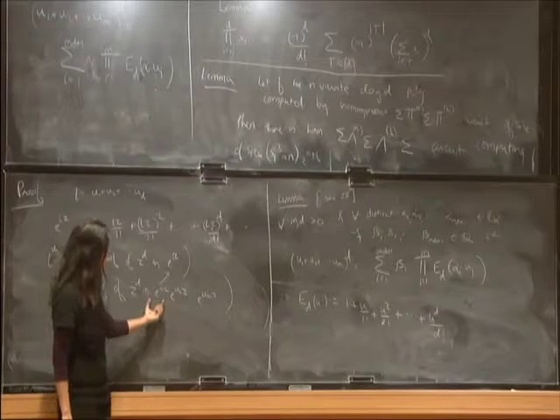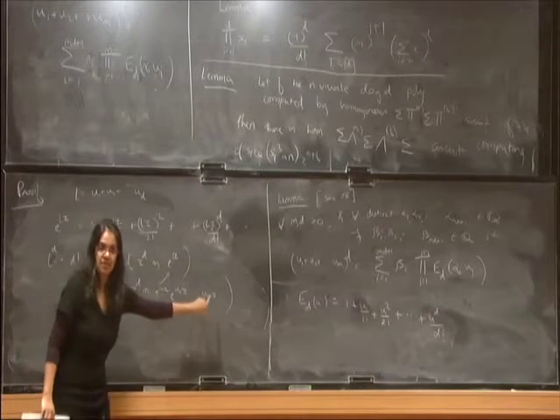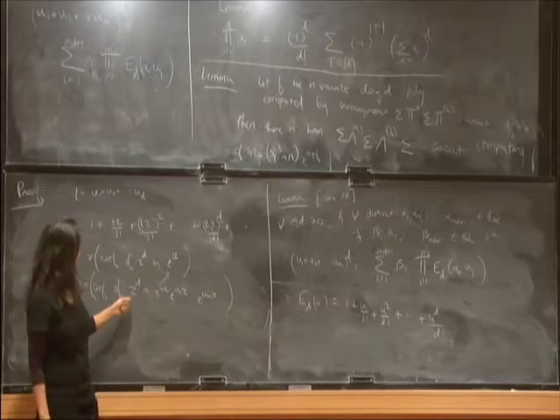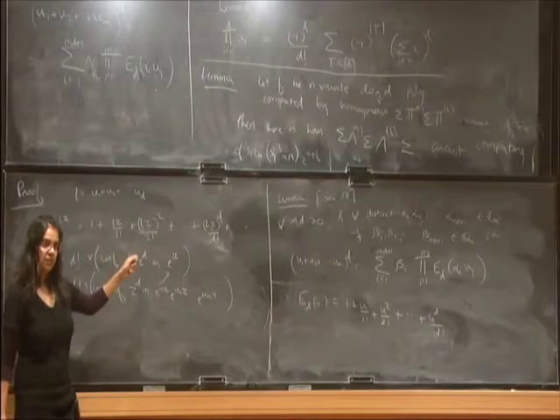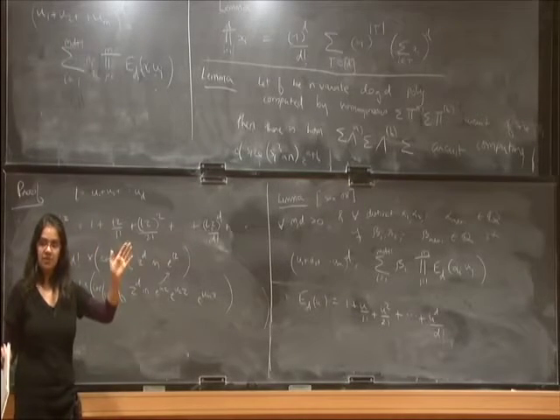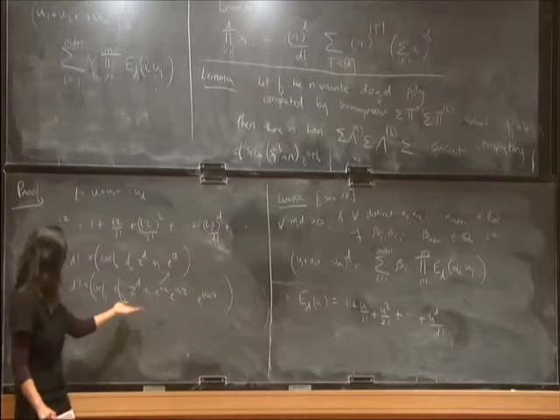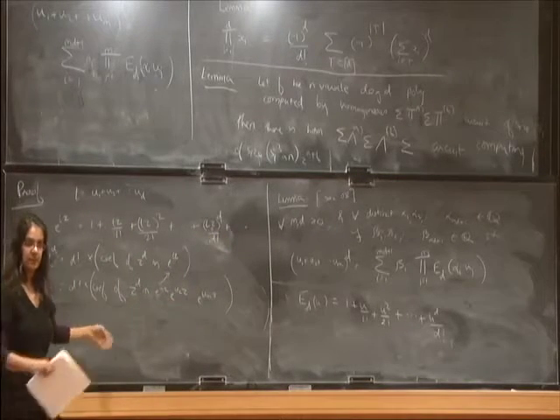Okay, but now if we look at all these power series, the power series expansion of E to the U1Z, E to the U2Z, etc., notice that if you want to just get the coefficient of Z to the D out, you don't need to look at the entire power series expansion. If you just cut off the power series at a certain point at D, then this quantity is still the same, doesn't change.